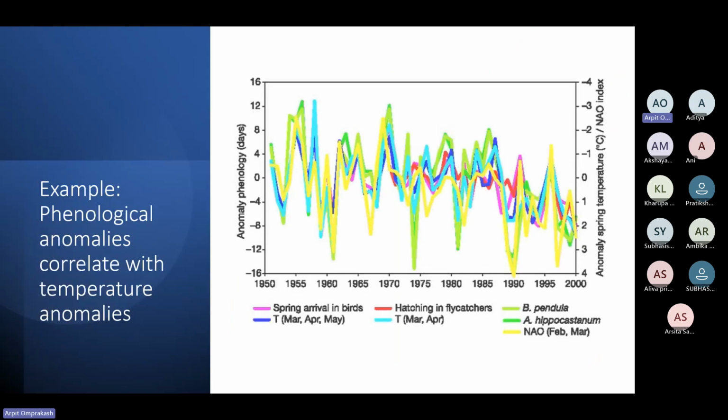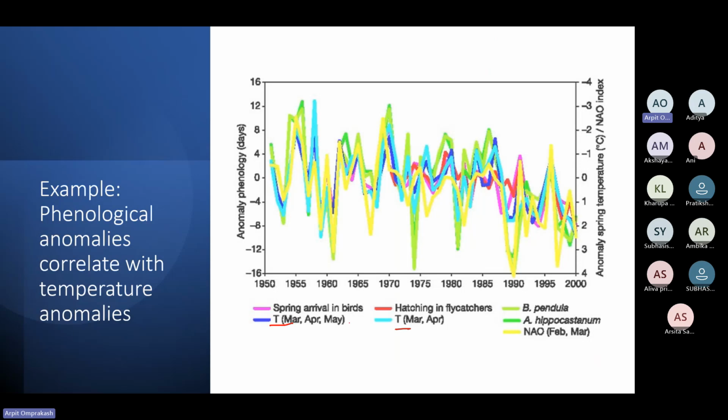So, for example, phenological anomalies generally correlate well with temperature anomalies. Here we are seeing a plot of anomaly in phenology and anomaly in the temperature. These two graphs marked as T represent the anomalous temperature.